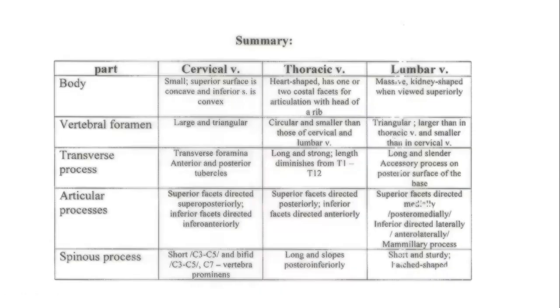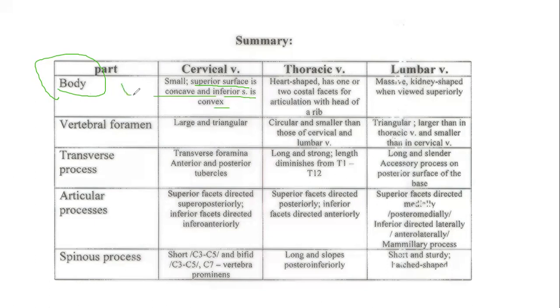And here we've got the summary of the vertebrae. We've got cervical, thoracic, lumbar. And if you've got the body of the cervical, superior surface concave, inferior concave as well.